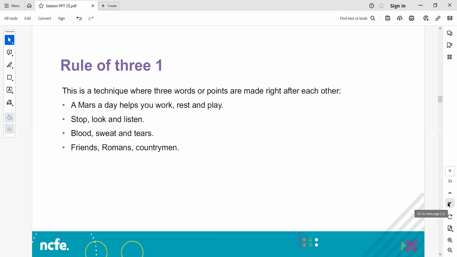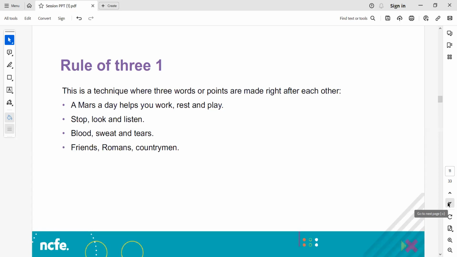Okay. So the rule of 3. This is a technique of repetition. 3 words or points are made right after each other. Sometimes it's repetition, sometimes it's just connected. This is an old advertising slogan for Mars bars, and it was used for many years because presumably the research done by the advertising company showed the impact of it.